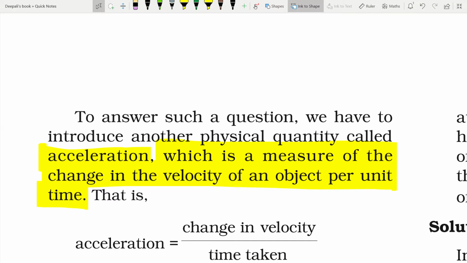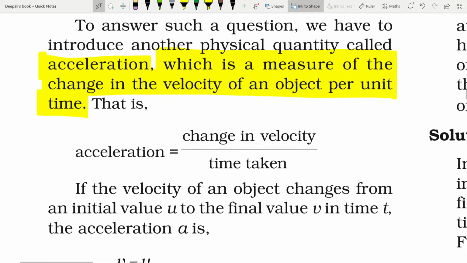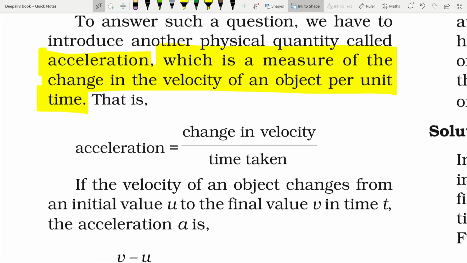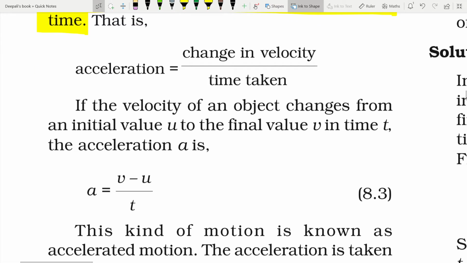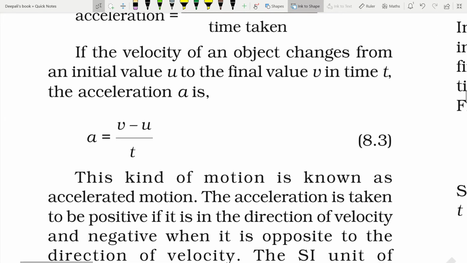Acceleration is a measure of change in velocity of an object per unit time. That is, acceleration is change in velocity upon time taken. If velocity of an object changes from an initial value u to a final value v in time t, the acceleration a is equal to v minus u upon t.